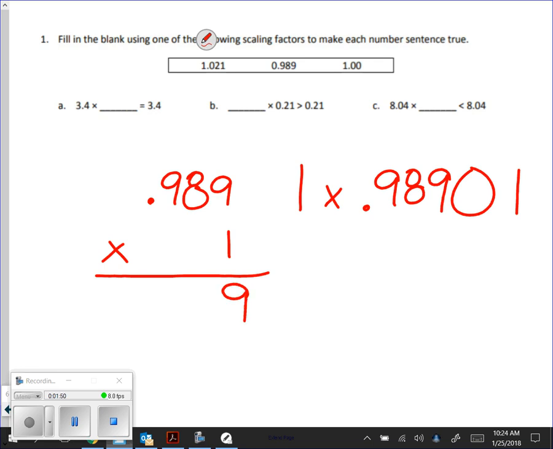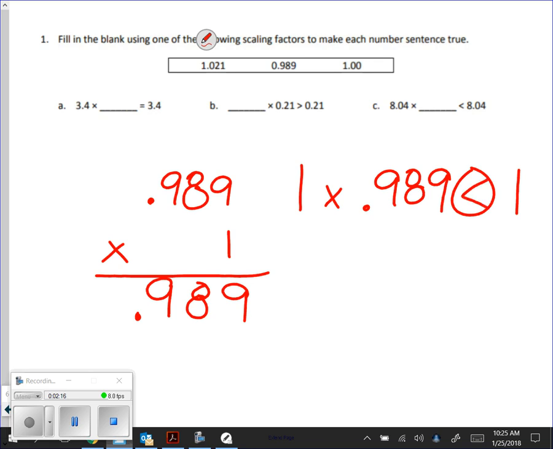No. It got smaller. Is it 1 anymore? No. It became a number that went below the decimal.